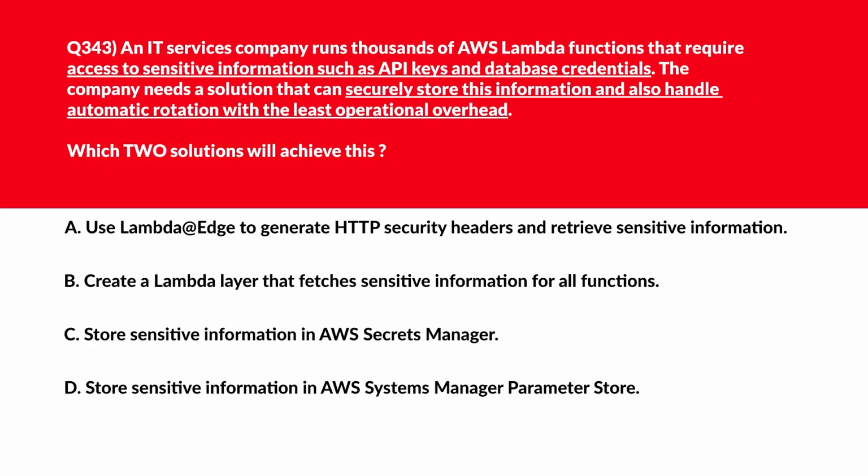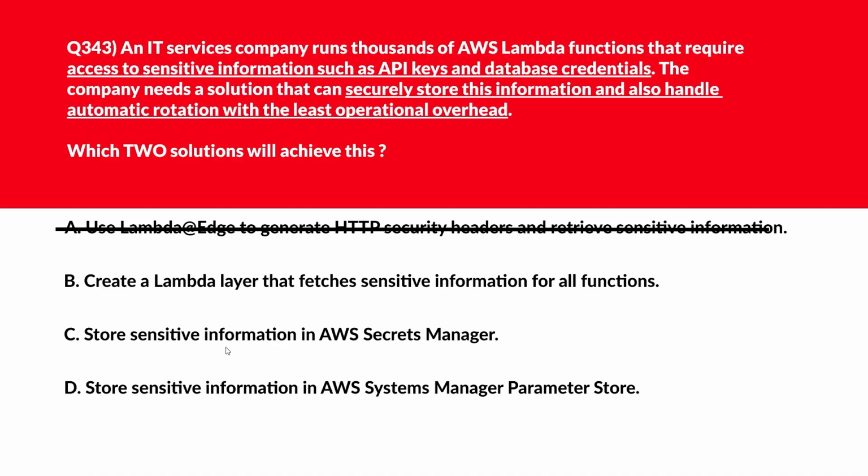Alright, we got a multiple choice question. We want to securely store the information and also handle automatic rotation with the least operational overhead. Option A, Lambda@Edge is designed for content delivery customization, not secure storage or rotation of secrets. Incorrect. Option B, a Lambda layer can centralize retrieval logic, reducing duplication across thousands of functions.